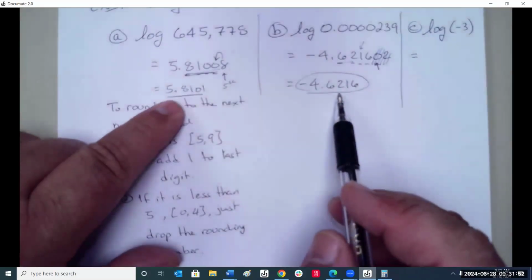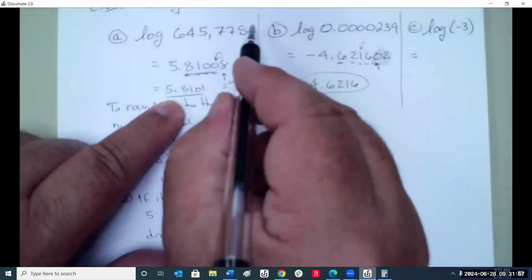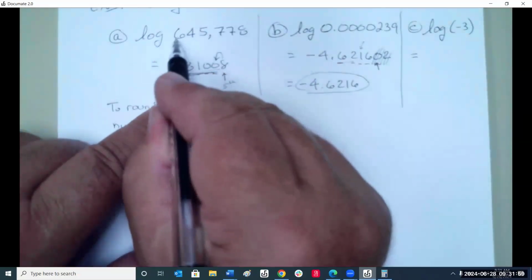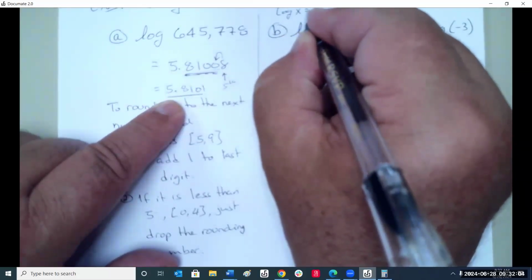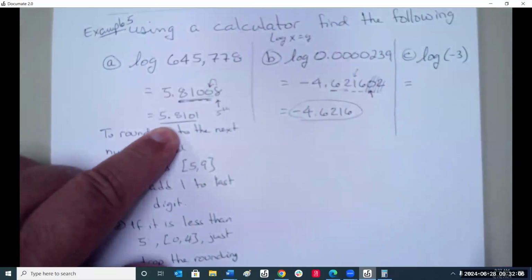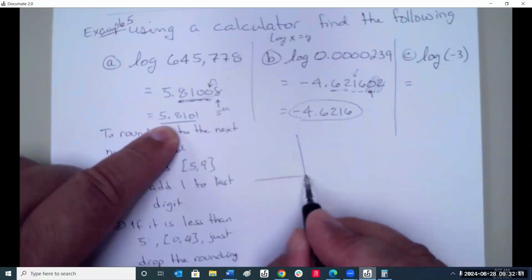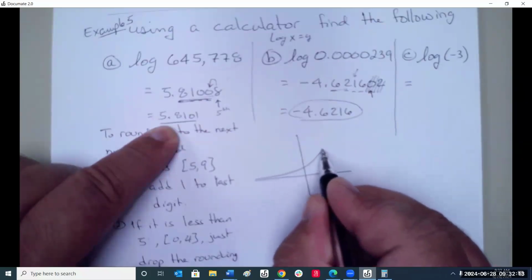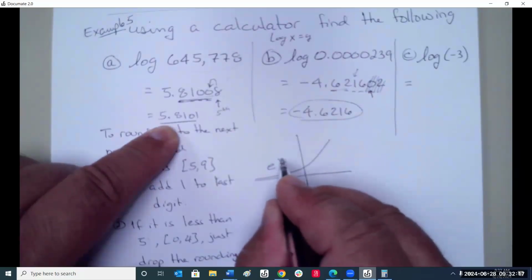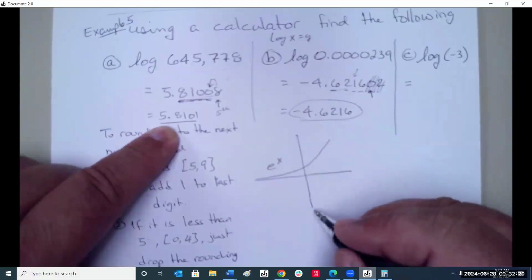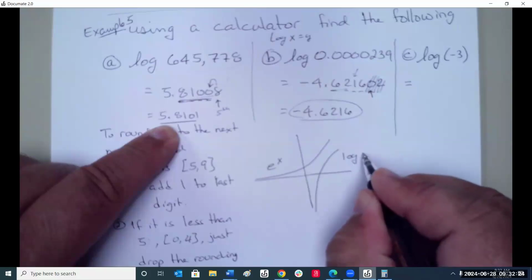Let's look at both of these answers before we go to the next one. This is what the x value is right here. Because remember, we're taking log of x equals y. We talked about earlier, the exponential graph is e to the power x, and its inverse is the logarithmic function.